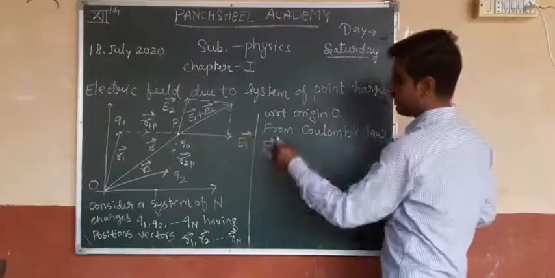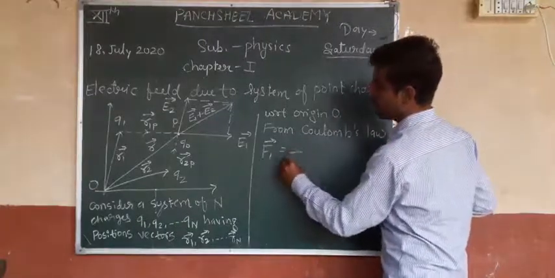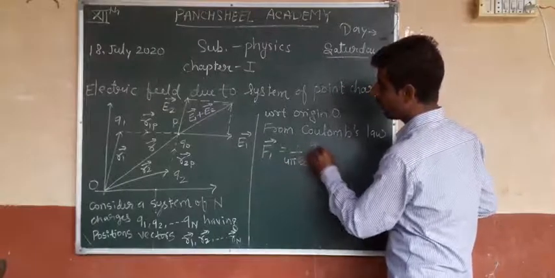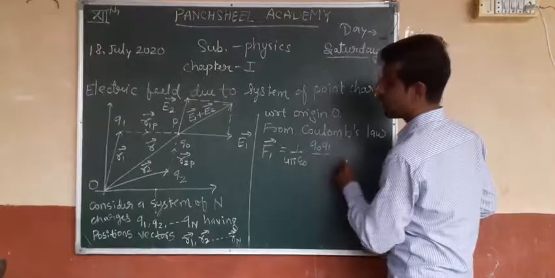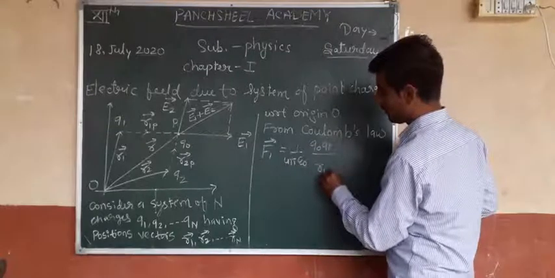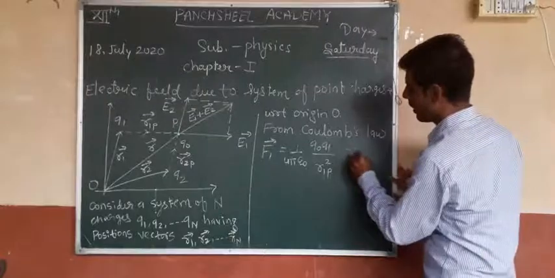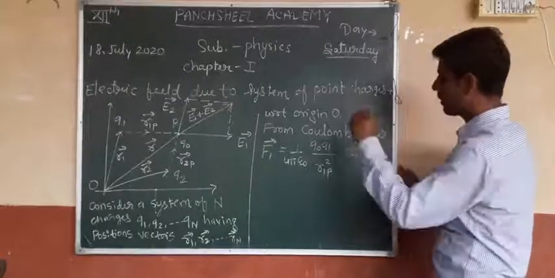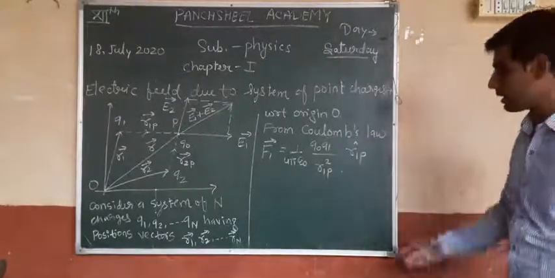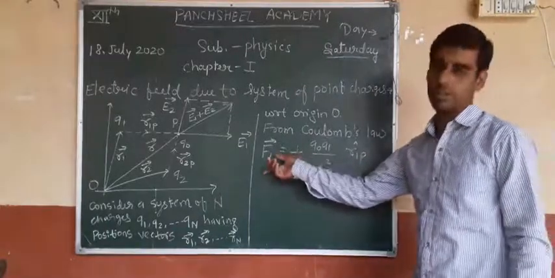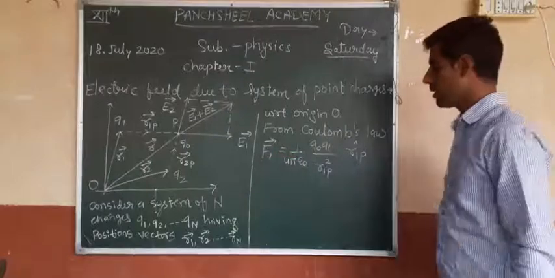So I write here 1 upon 4 pi epsilon naught, Q naught Q1 upon r1p whole square, times the unit vector of r1p. This is the magnitude and this is the unit vector, which is equal to the position vector direction.